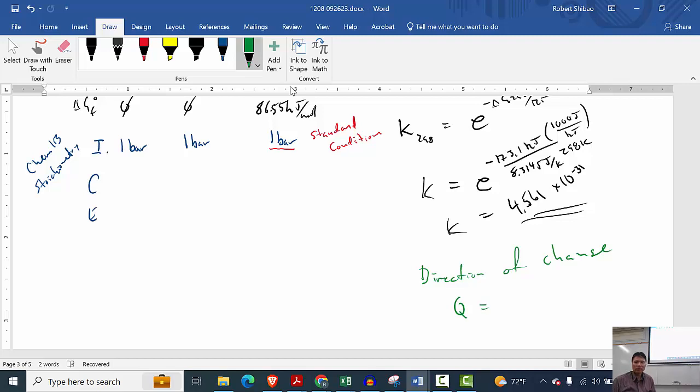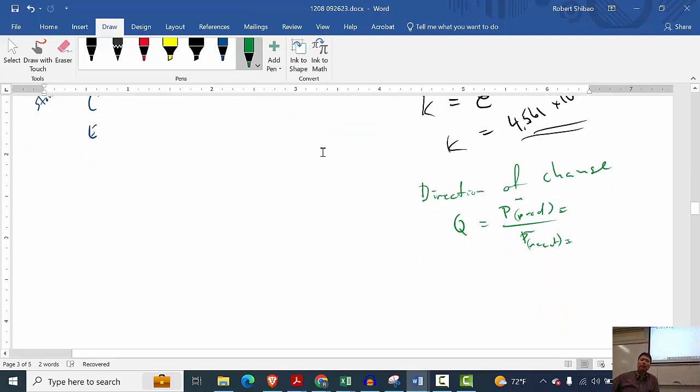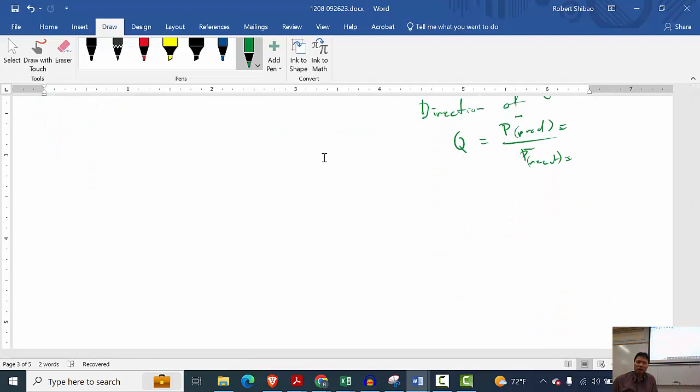It would be the partial pressure of the products, initial, over the partial pressure of the reactants, initial, raised to whatever power they're raised to. For our particular reaction, Q is going to equal the partial pressure of NO initial squared divided by the partial pressure of N2 divided by the partial pressure of O2.